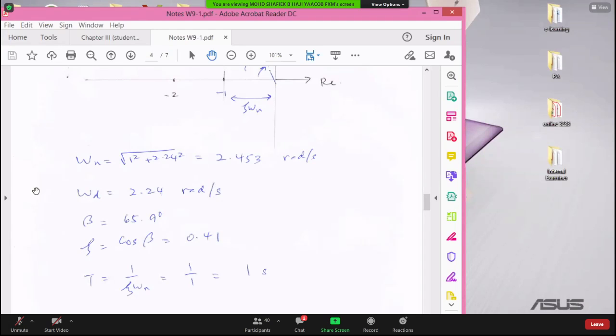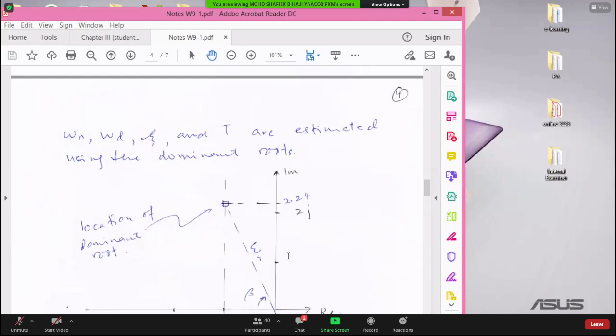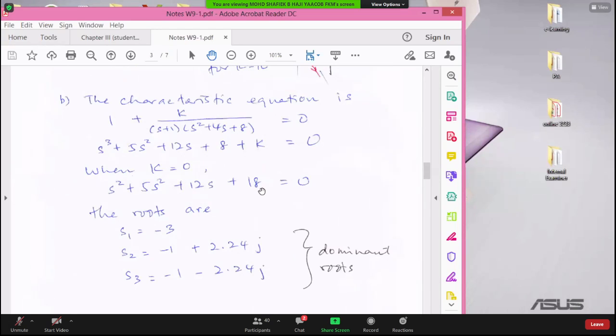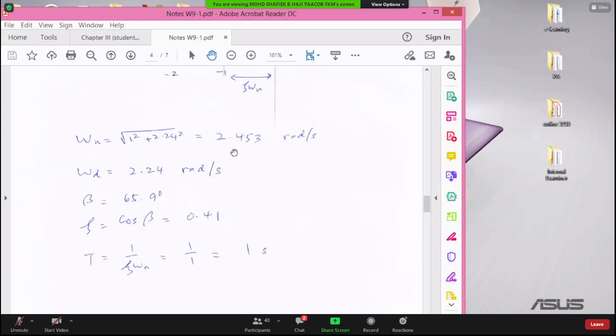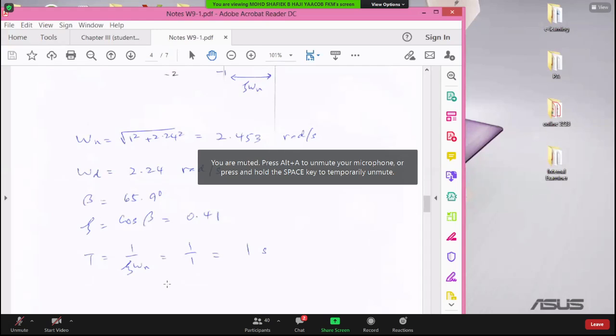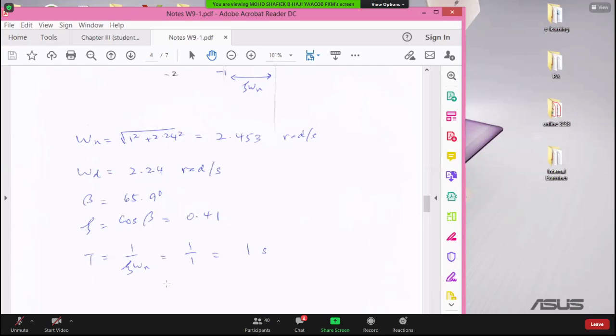So for k equal to 10, you can extract all this information from the root locus diagram, and these quantities will dictate how your system behaves. Back in chapter 2, we already discussed the time response of a second order control system based on these quantities.